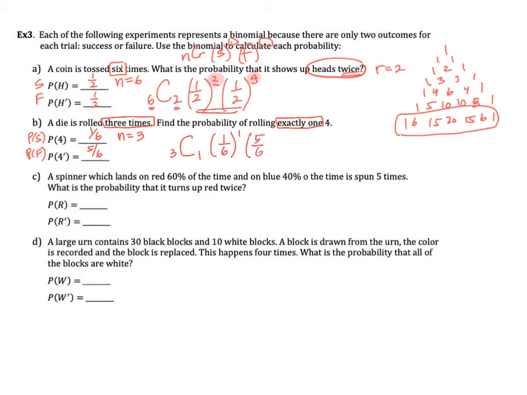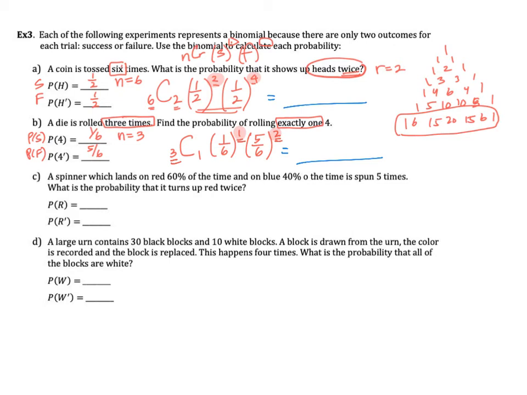Therefore, my failure has to have an exponent of what? Well, remember these exponents need to add up to your n. So this is going to be 2. And you can calculate these values. I haven't calculated them, right? I'm just focusing on the setup. You can go back and do the calculation on your own.